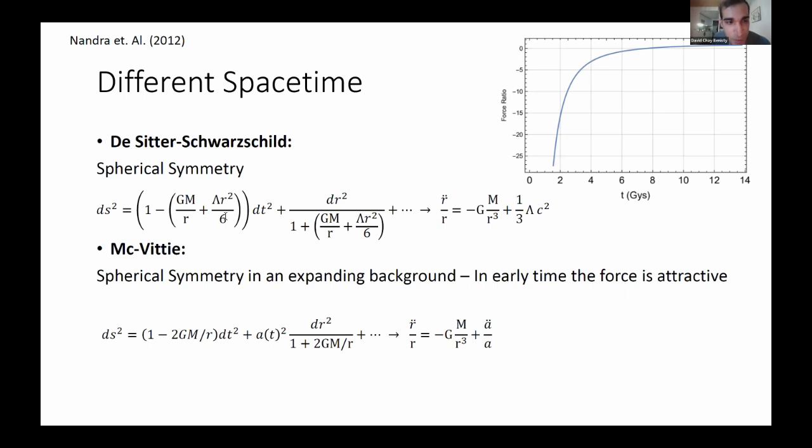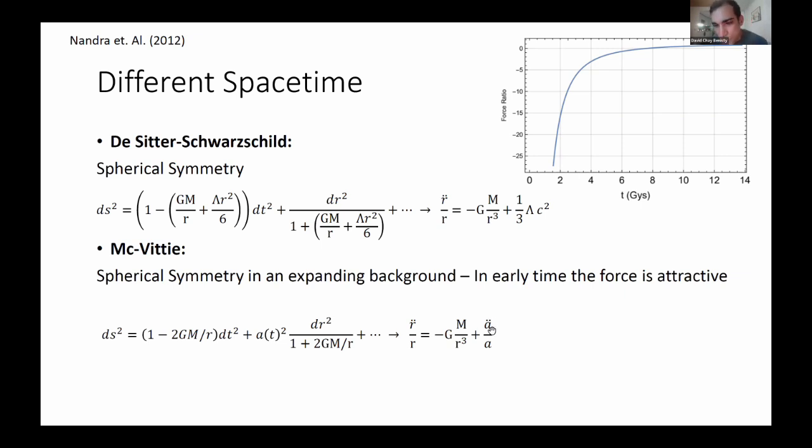So we all know what's called the de Sitter-Schwarzschild spacetime. This just includes the cosmological constant, and then you assume spherically symmetric behavior. From the geodesic equation, you can get, as we saw, this repulsion force. However, if I assume what's called the McVittie spacetime, where I have two bodies that experience some potential, some force, but the background itself is expanding with some scale factor, then the lambda force that you saw is actually changed to A double dot over A. Okay, A is the scale factor of the universe.